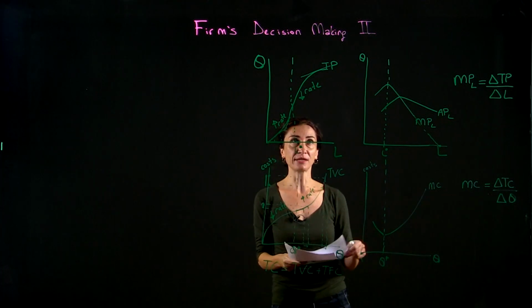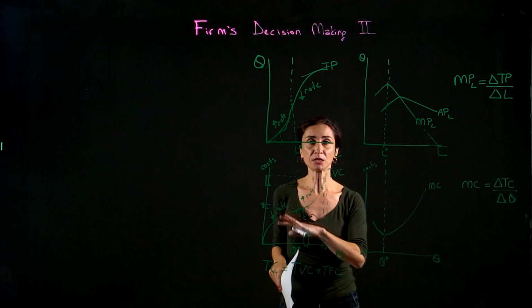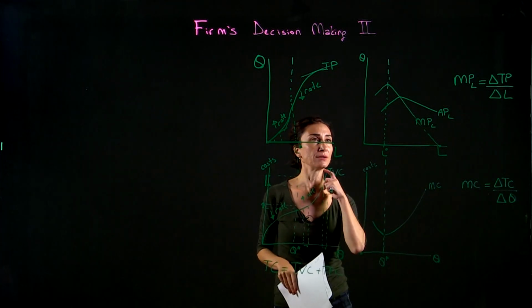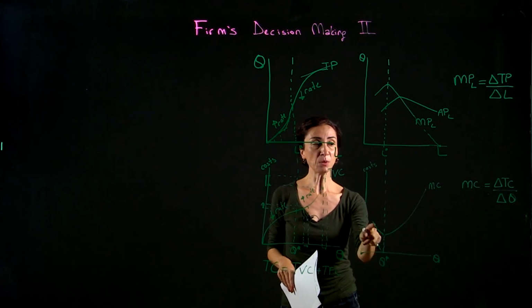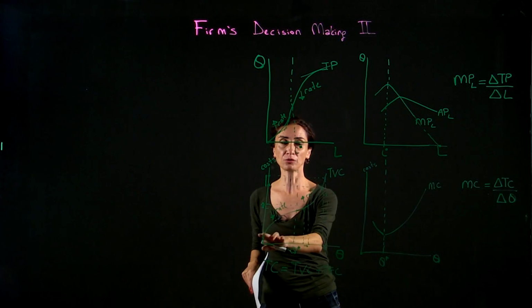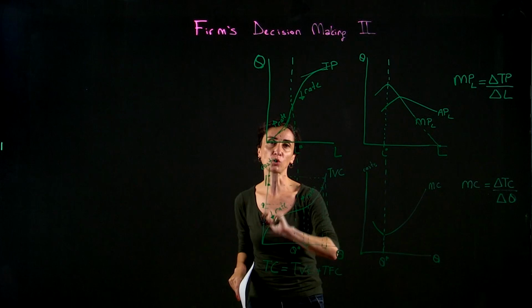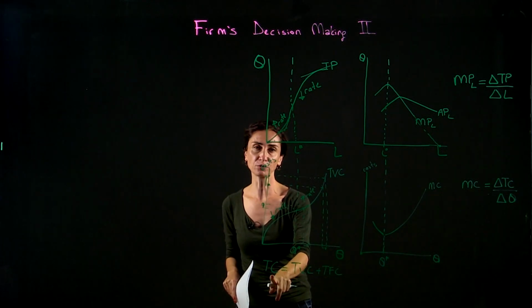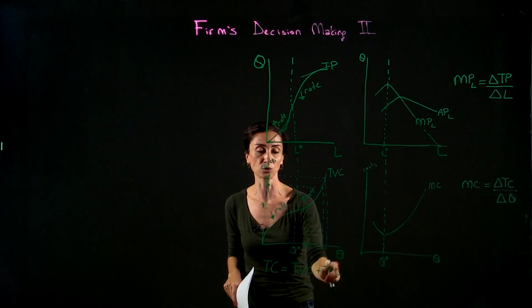Now, there is one more thing about this graph. This is important. That would be really important later. For this marginal cost curve, this is our total variable cost curve. I can also draw the total cost curve. So remember the definition of total cost. Total cost is total variable cost plus total fixed cost.